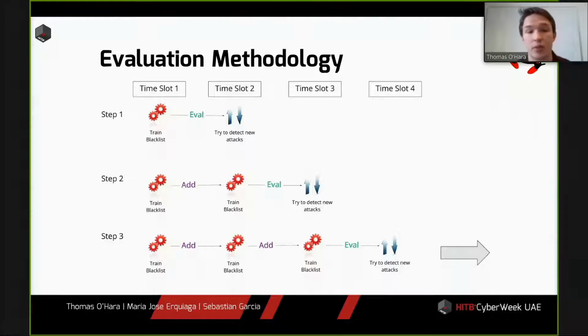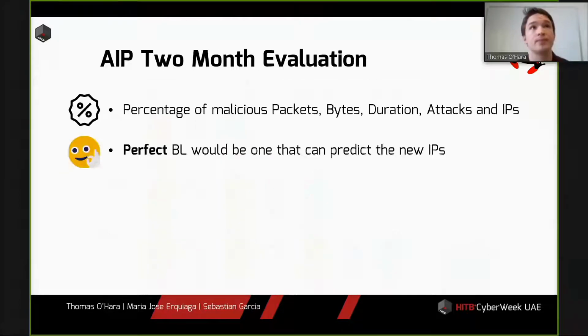This is the methodology that we use to evaluate our own blacklisting methodology, the attacker IP prioritizer. So we performed a 2-month evaluation on our algorithm, and we calculated the percentage of malicious packets, bytes, duration, and attacks and IPs that were stopped by our blacklist consecutively.